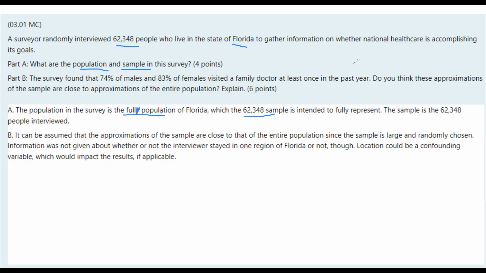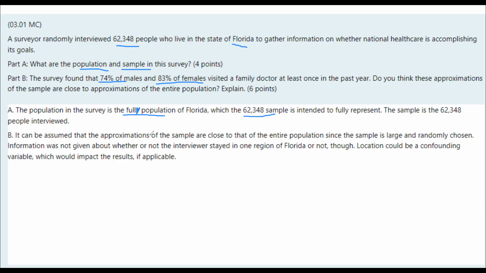All right, now it says, the survey found that 74% of males and 83% of females visited a family doctor at least once in the past year. Do you think these approximations are close to the approximations of the entire population? So it's saying, is this survey accurate of the whole population?